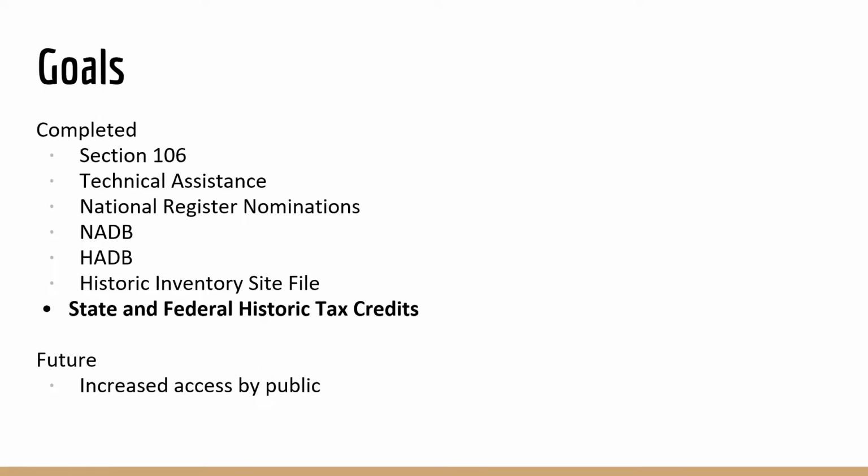So in the future, our big goal is being able to have more of our materials available for access by the public, and we look forward to continuing to roll out new features.